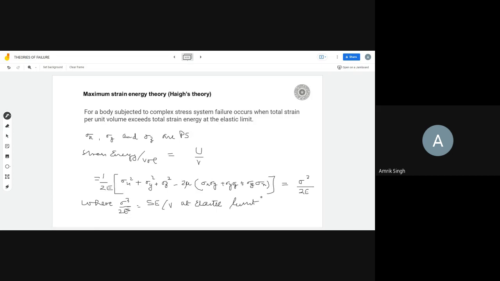So this is the maximum strain energy theory. It gives very good results for ductile material.